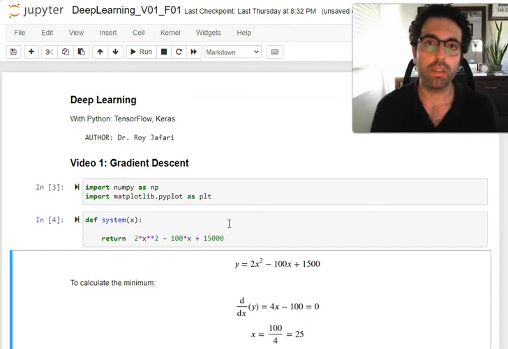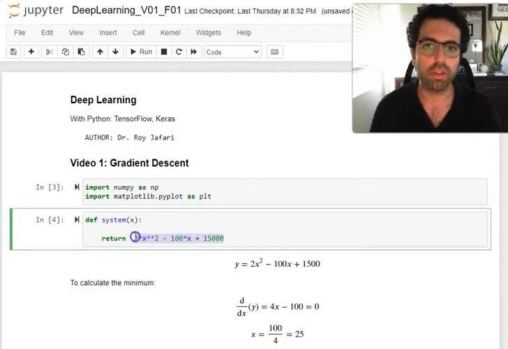Normally, for the system that we want to understand and predict, we don't know the underlying relationship, and that's why we're trying to use deep learning to understand it. However, for the purpose of this video, we do know that underlying relationship, and it is basically a mathematical equation.